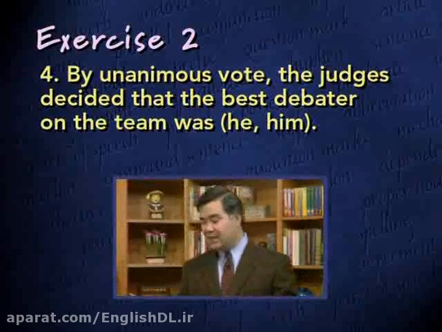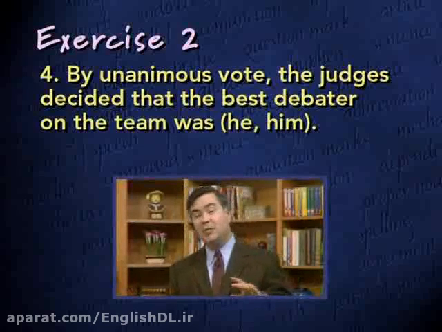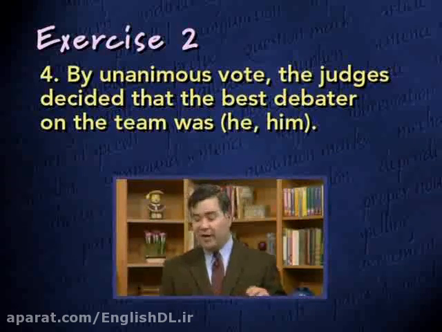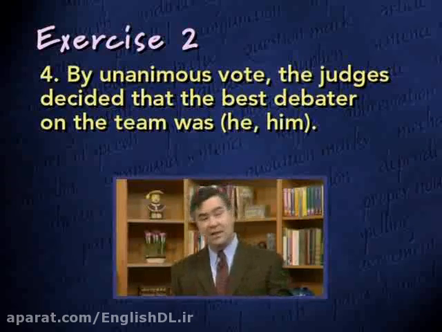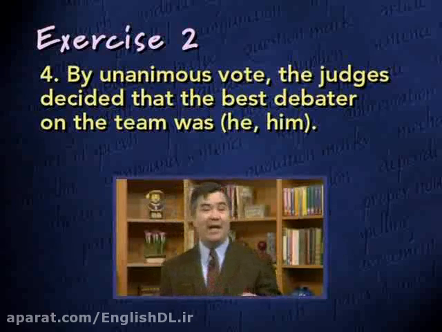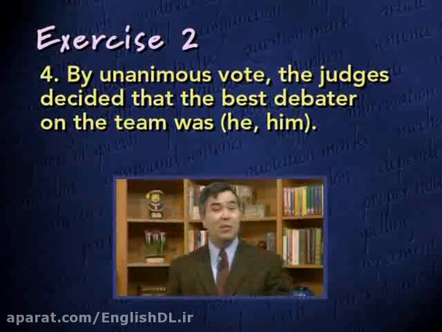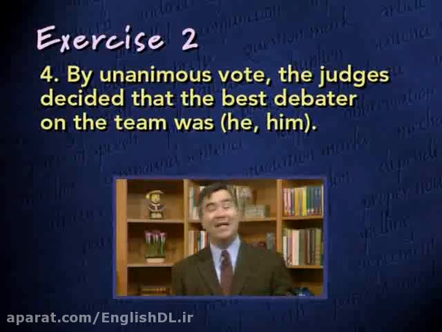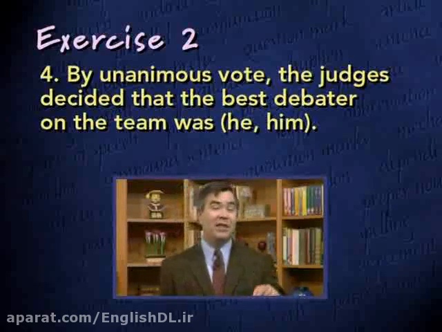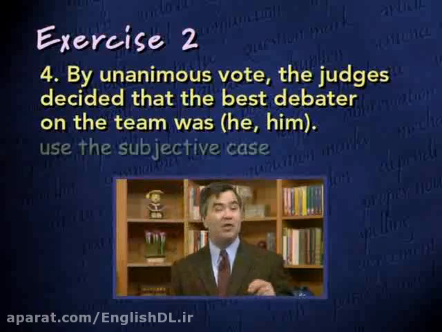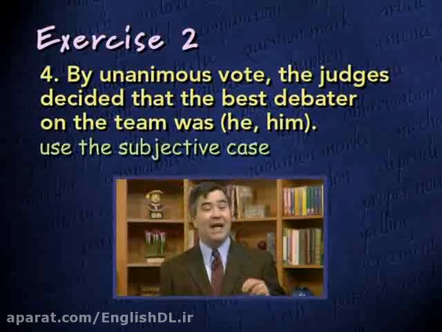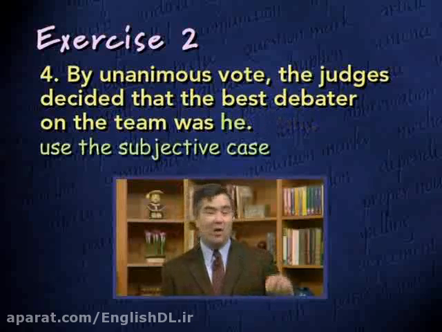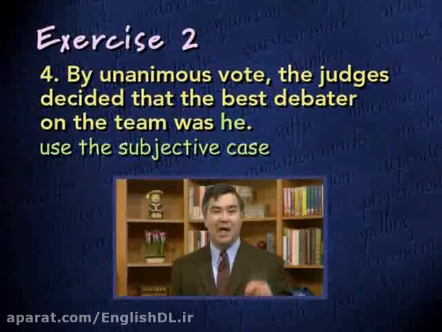And in this case, the pronoun he or him is being used in just that way. We have the verb of being, was, and what follows it refers back to debater. It explains more or gives more information about who the best debater was. It was he. Since it's being used as a subject complement, the pronoun should be in the subjective case, and therefore he is correct rather than him, which would be in the objective case.